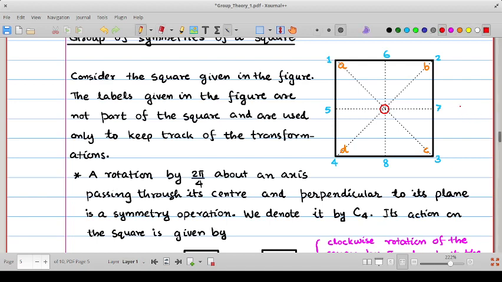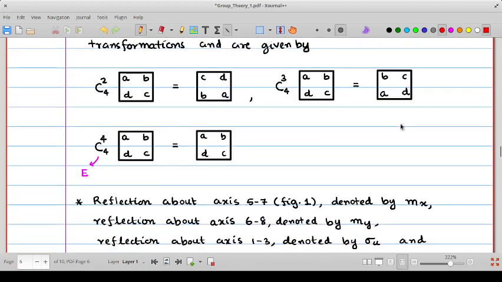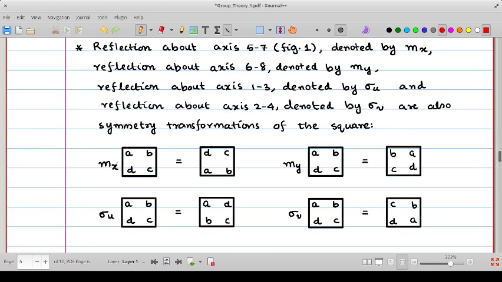Under this reflection, vertex B will go to vertex C, and vertex A will go to vertex D, and vertex D will go to vertex A, and similarly vertex C will go to vertex B. So mx is the reflection about a plane represented by this line, which is the intersection of that plane with the plane of the square.